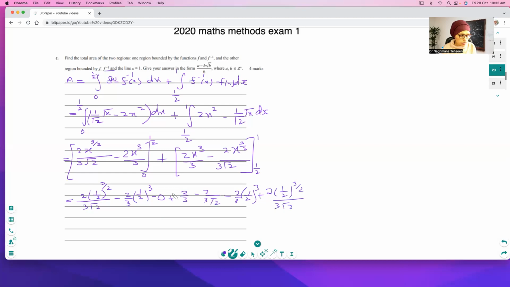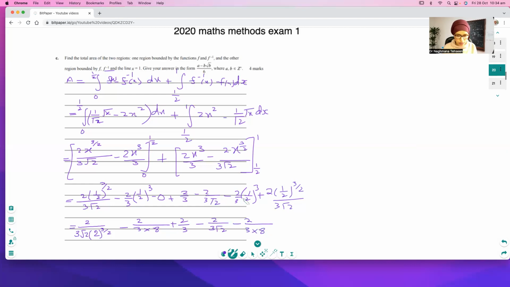And then we just need to simplify that. So that would be equal to root 2 and 2 to the power 3 over 2, minus 2 over 3 times 8, plus 2 over 3, minus 2 over 3 root 2, minus 2 over 3 times 8.